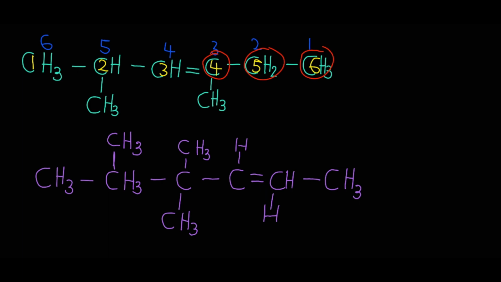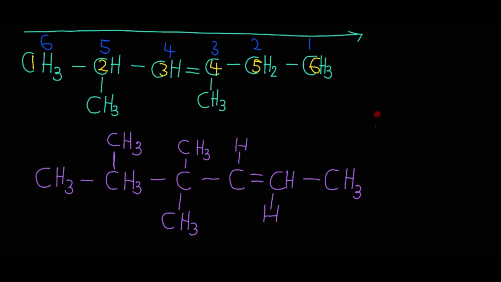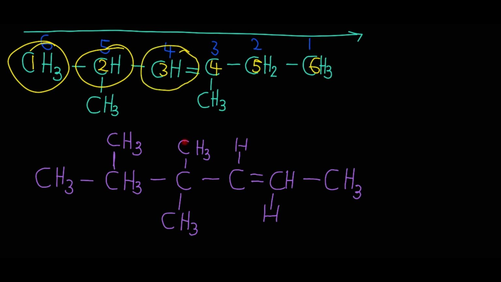So now let's see which one is correct. Let's use this one here, going from left to right and then going from right to left. Let's see where we obtain a double bond, at which carbon. This is 1, this is 2, and this is 3. Our double bond is at carbon number 3.